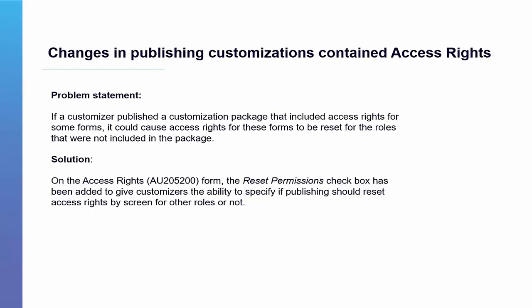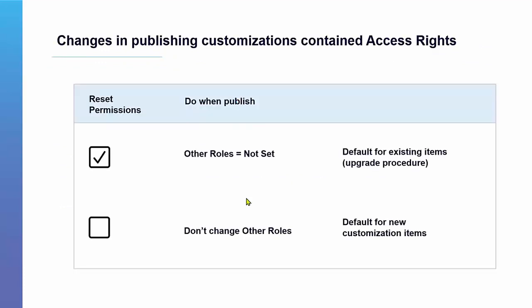So now they have added the ability to ensure that permissions are not reset when those reports are republished. So you'll see here it is a checkbox that exists to ensure that when you publish, you can either reset the permissions or not.